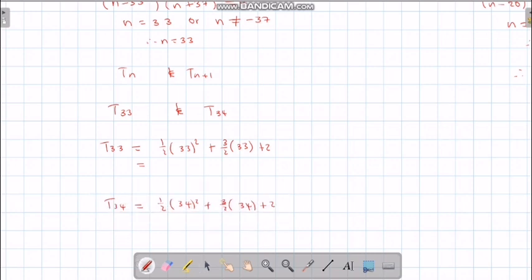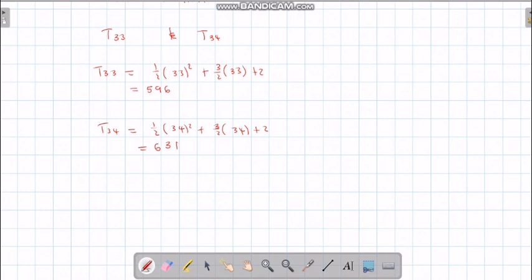Okay, I'm punching my calculator. When we substitute, term number 33 is 596, and term number 34 is 631. So now what should be the difference?